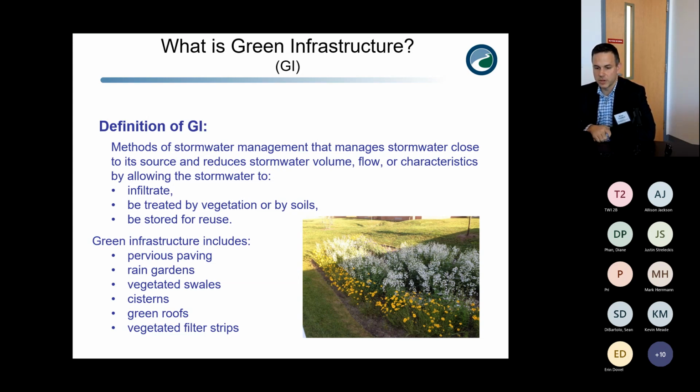So all of these green infrastructure BMPs meet that definition. And some examples are pervious paving, rain gardens, vegetated swales, cisterns, which have that reuse component, green roofs, and vegetated filter strips. And so I'll go through some examples of those in a little bit.